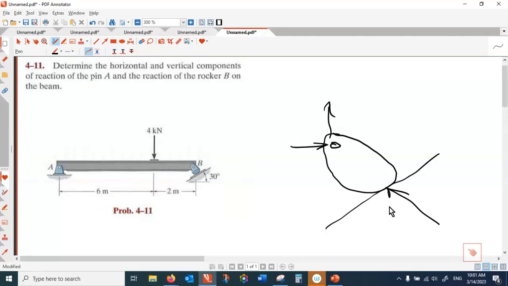How can a three-force member be at equilibrium? The forces should be concurrent. They should collide at one single point. Yes. These are their assumption. Later on, with the numbers, if you get negative, positive, you correct them.